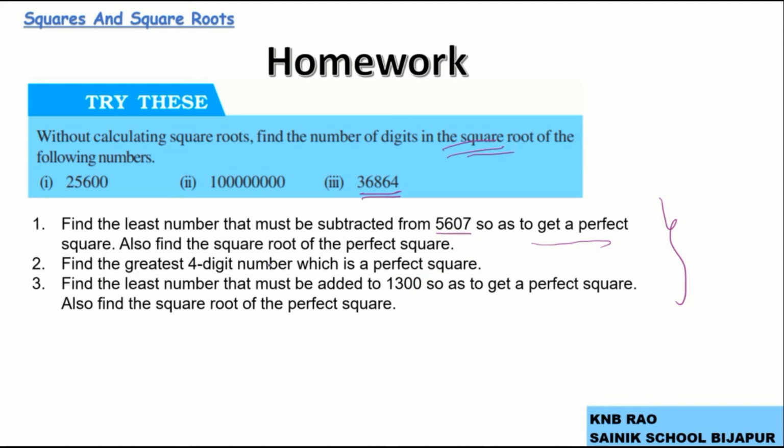Find the greatest 4-digit number which is a perfect square. In the beginning of the session number 17, for this long division method, I gave you how to do also. Find the least number that must be added to 1300 so as to get a perfect square. So here what is to be subtracted, here what is to be added.